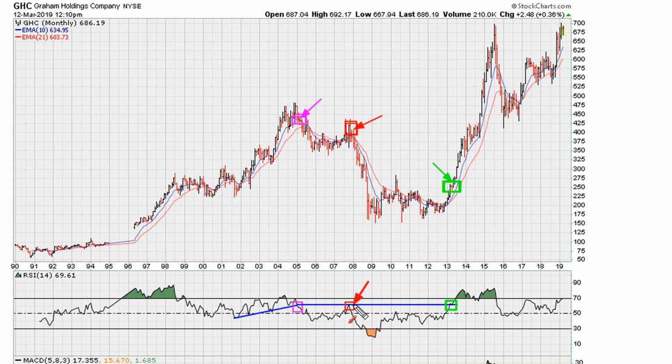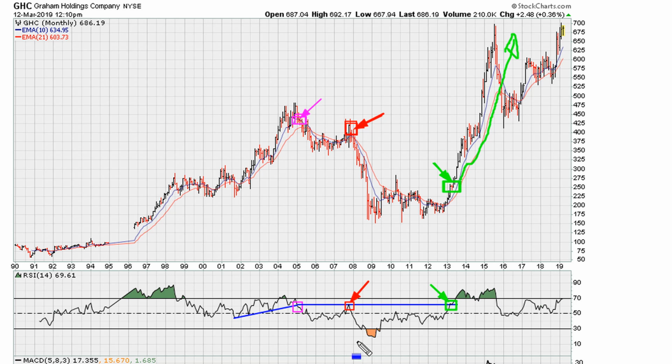So the blue line acted as resistance off the highs there, turned into a breakout level once it was cleared. In other words, the same level, once the RSI was cleared, became a good entry on the way to a fantastic run, as was recorded by the stock.